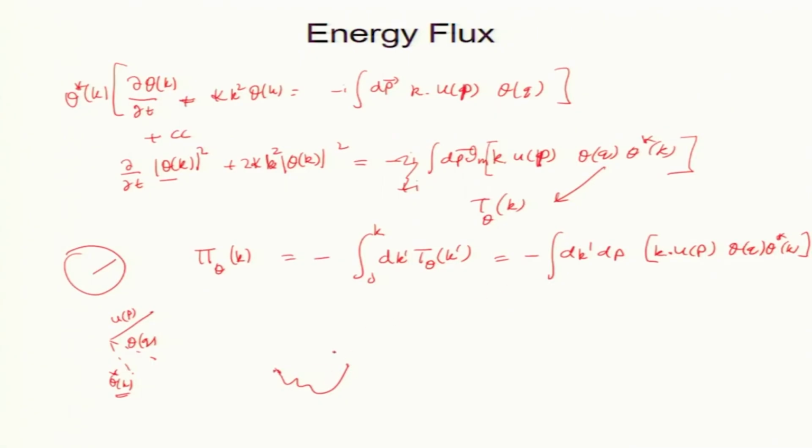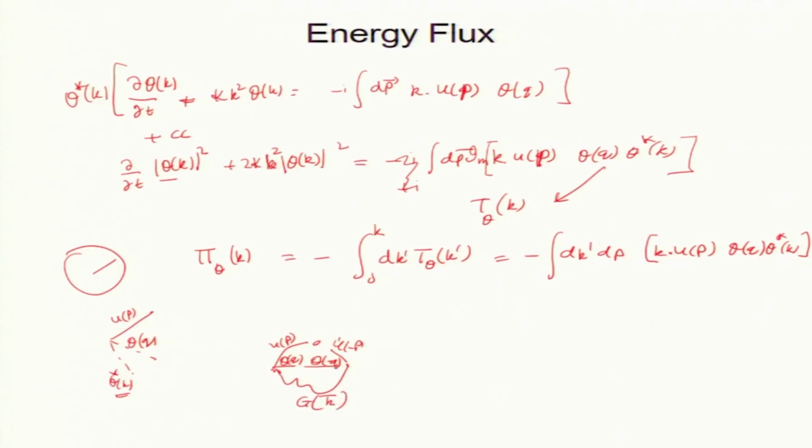So, what is going to come out from the right hand side? When I expand theta, what will I get? One u and one theta. So, one u will combine with this u, up will combine with u of minus p from this side, and theta of q will combine with theta of minus q, and there is a Green's function of k.